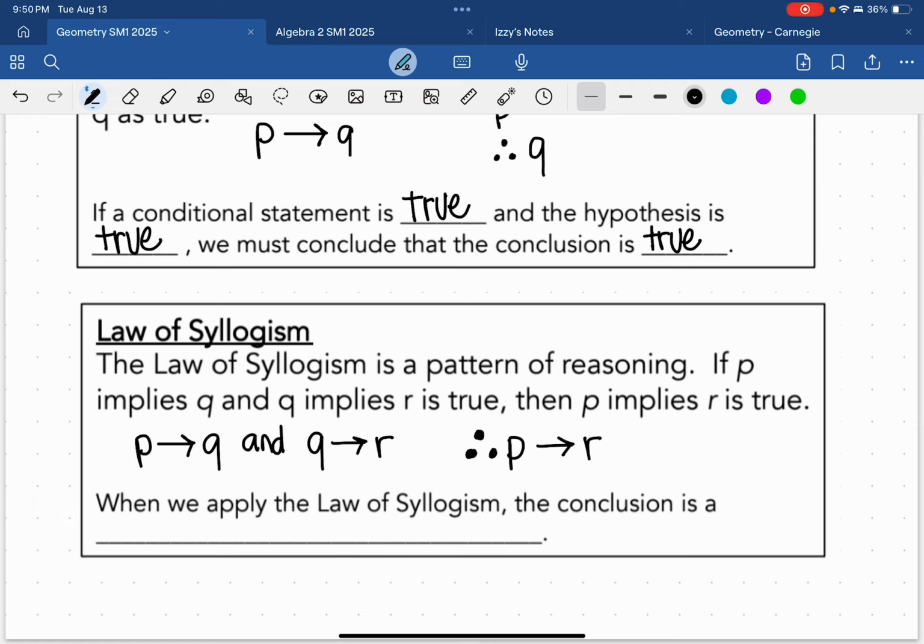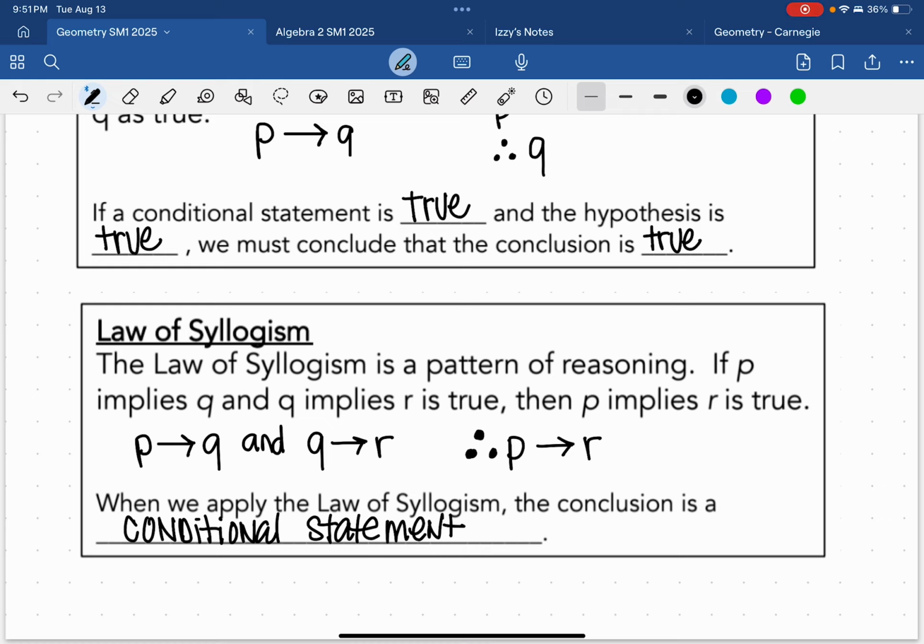When we apply the law of syllogism, the conclusion is what is called a conditional statement. And we're going to learn more formally about this in a future lesson. But a conditional statement starts with the word if. Then after the if statement, it has a comma, and then it has a then statement.